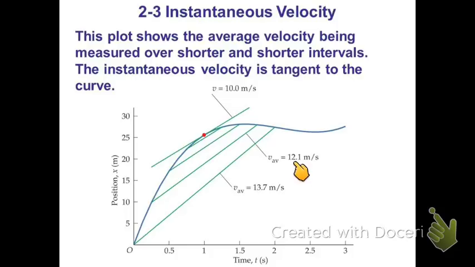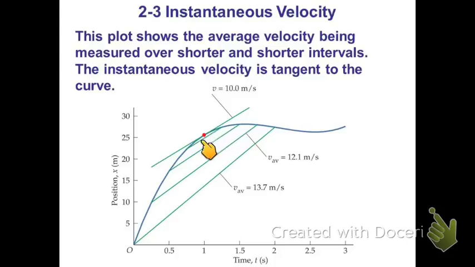We get the average velocity 12.1 meters per second. Now it's a different velocity, but this is closer to the instantaneous velocity here than this one. So next we pick these 2 points closer and closer to the point in question, make these lines and calculate their slope.